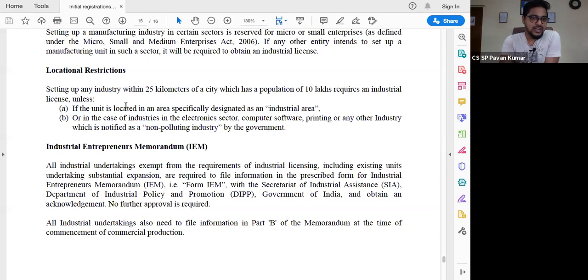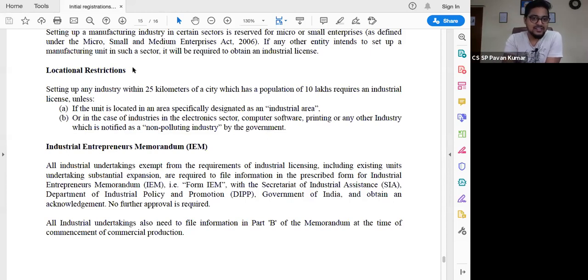If the unit is located specifically in an industrial area, even in cities you would see a specified area which is called the industrial area. Even though it is within the city, you can find manufacturing industries functioning there, because there's an exemption for industries functioning in industrial areas.